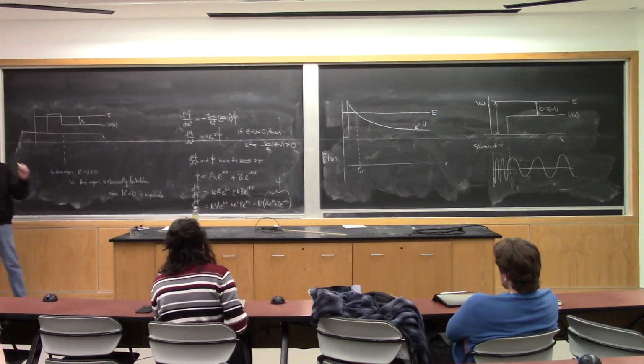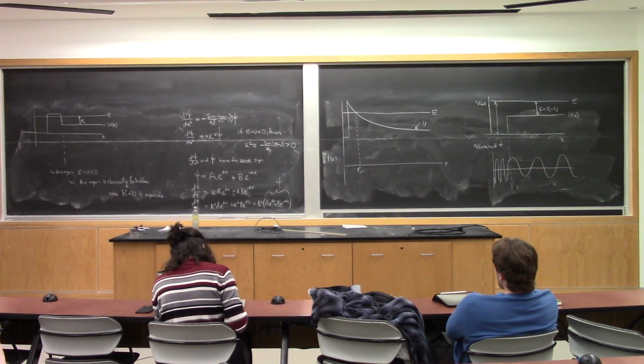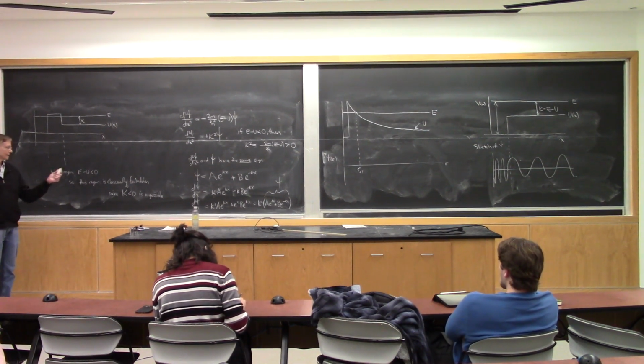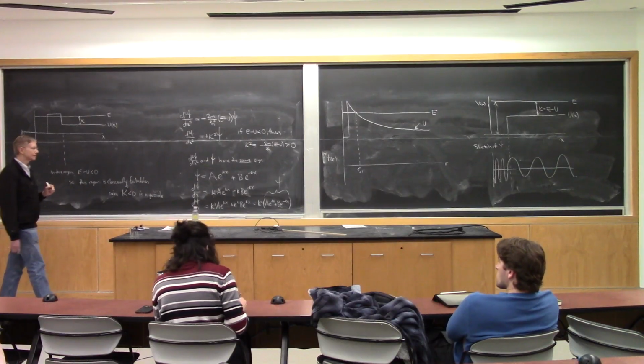So in a region where the classical kinetic energy is negative, if it were constant, at least the quantity were constant, you get an exponential wave function instead of a sinusoidal wave function. This is key to tunneling.